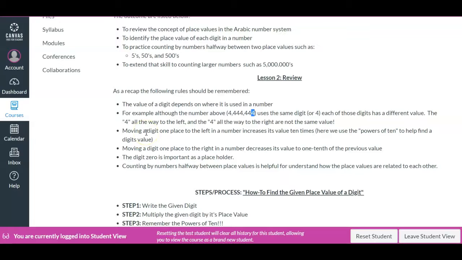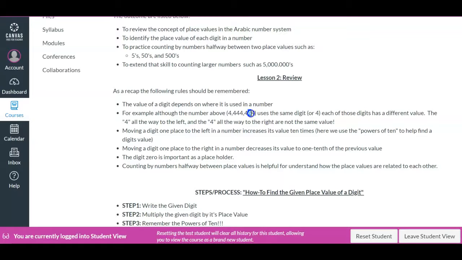Another principle to remember is that moving a digit 1 place to the left in a number increases its value 10 times. So here we use the powers of 10 to help find a digit's value. Here we see that this is in the units or the ones place, and this is valued at 4.